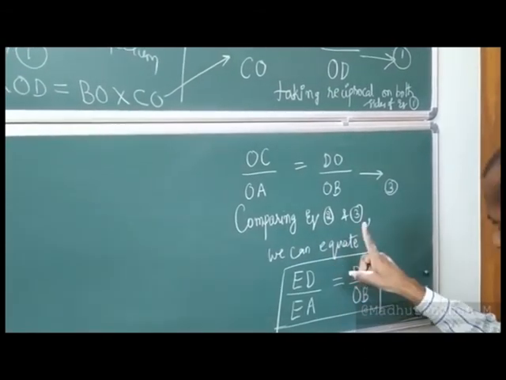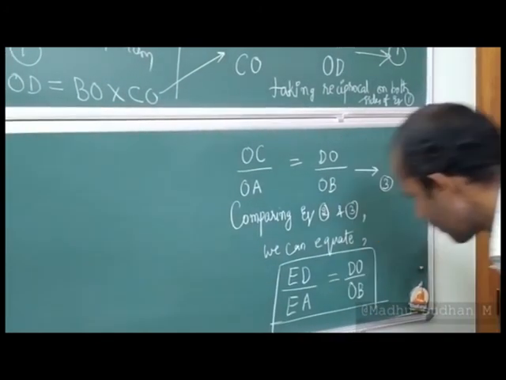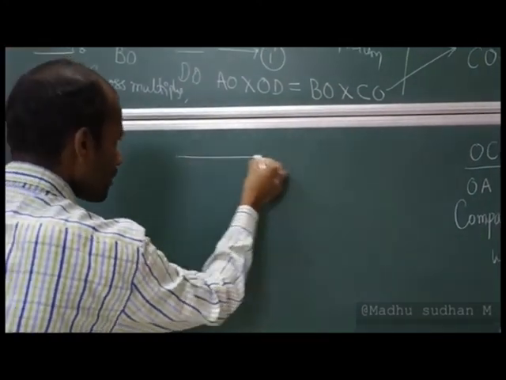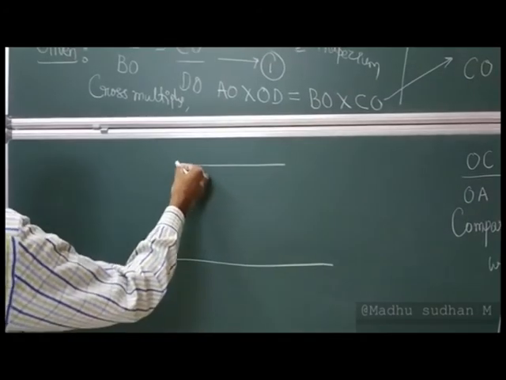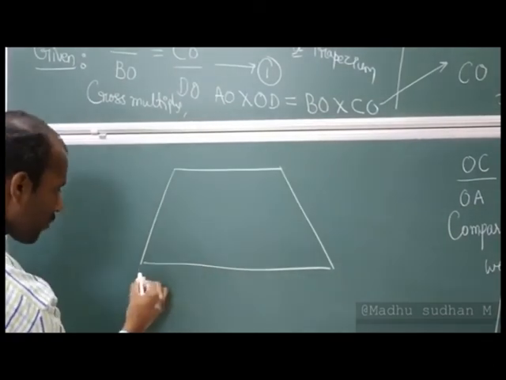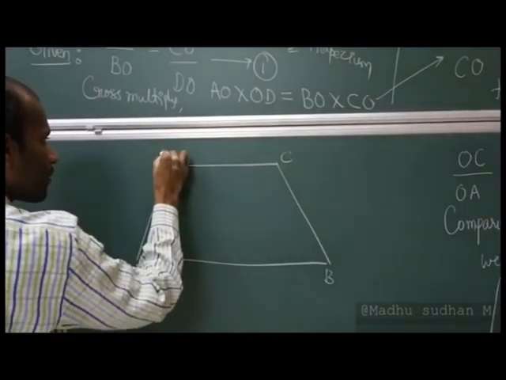Now we need to check this for the given diagram. If we have the diagram next to us, this quadrilateral was given. So this was A, this is B, this is C, and this is D here.